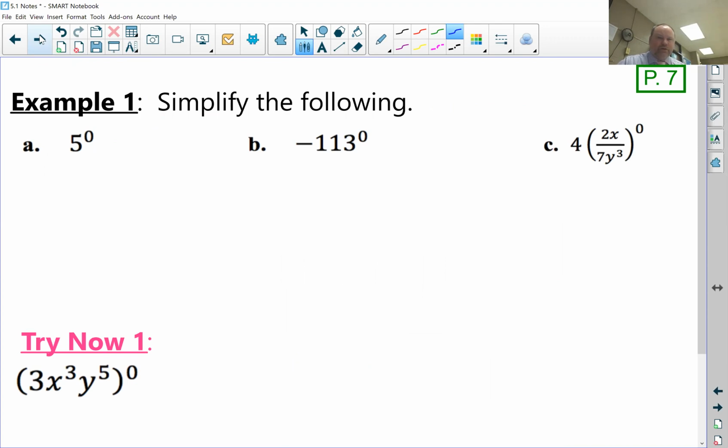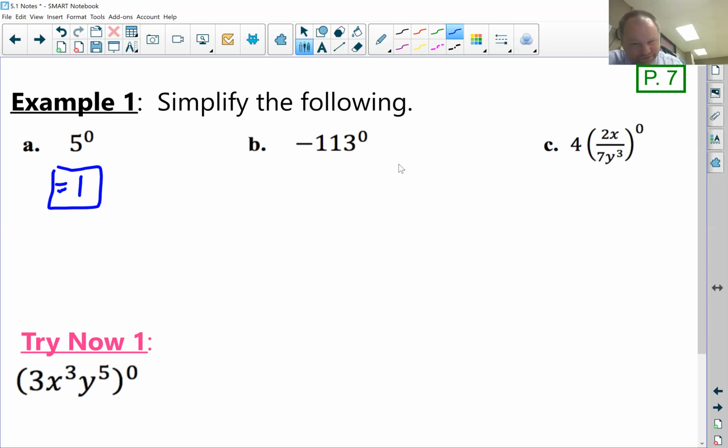All right, so a couple of examples. 5 to the 0 power is going to equal 1. One that's maybe a little less understood: negative 113 to the 0 power.